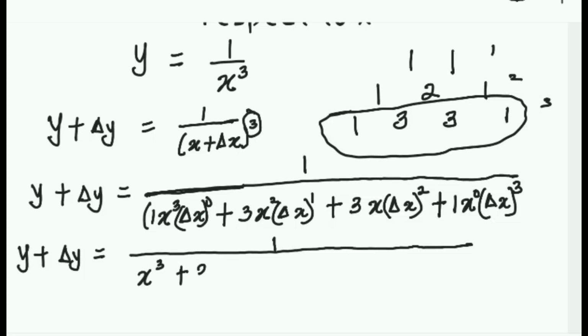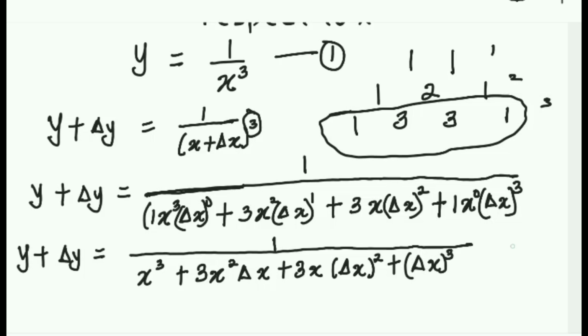So I have this as 3x squared change in x, plus 3x change in x all squared, plus x raised to power 0 is 1, and then I have change in x raised to power 3. And so this is the first equation we have, that's 1. This is the second one.